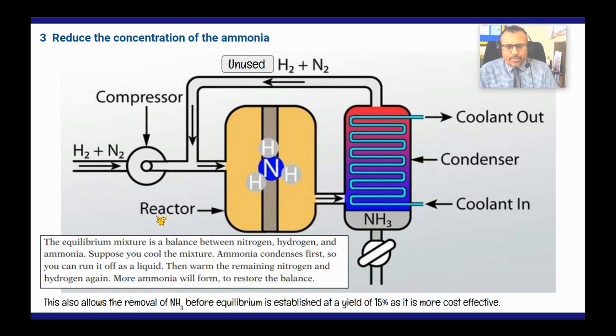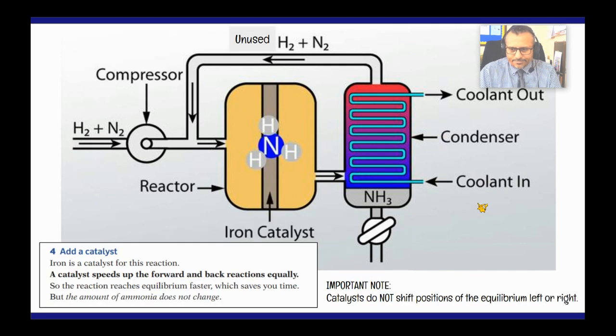So the equilibrium mixture is a balance between nitrogen, hydrogen, and ammonia within the reactor itself. If you cool the mixture down, the ammonia condenses first, so you can just run it off as a liquid, and then you warm the remaining nitrogen and hydrogen again after it comes out of the condenser, and more ammonia then forms, and you just keep doing that continuously.